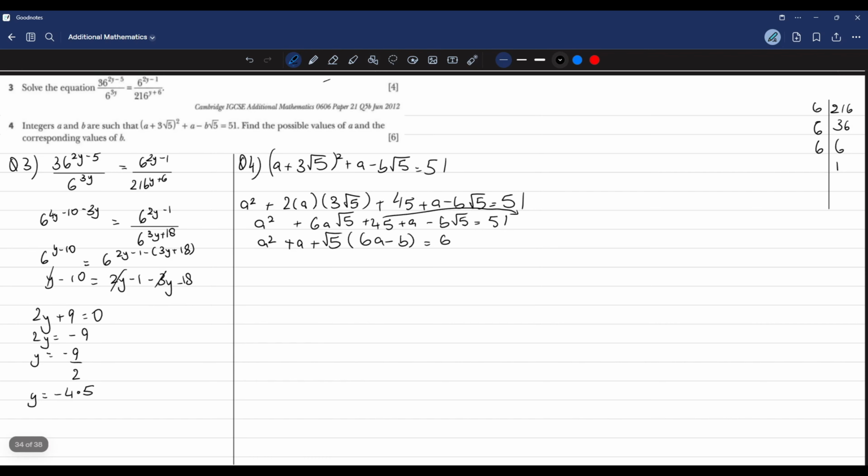Now how are we going to solve this? That's where most people get stuck. We all know that we can only get root 5 when there's... how should I explain this? Okay, so wait a second. When we have a squared plus a, we do not have any root value here. You do not have root 6 or whatever it is.